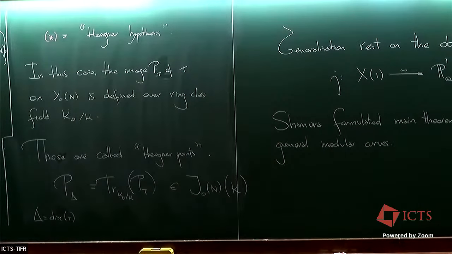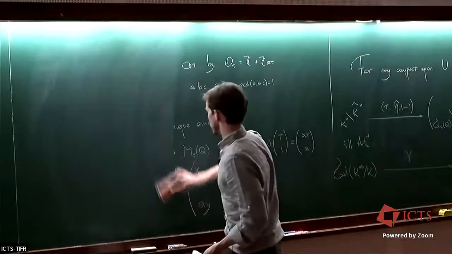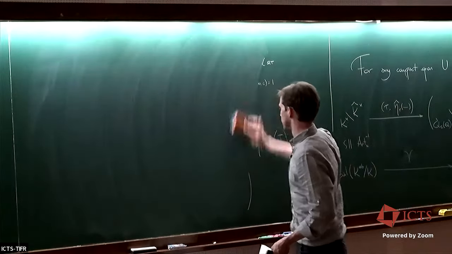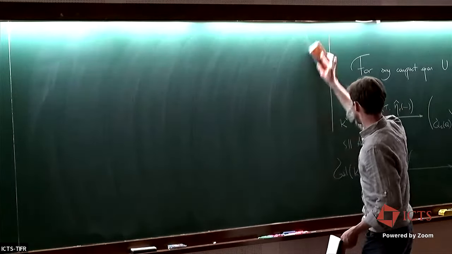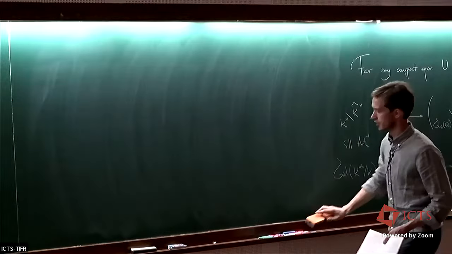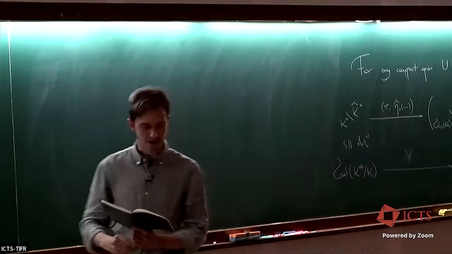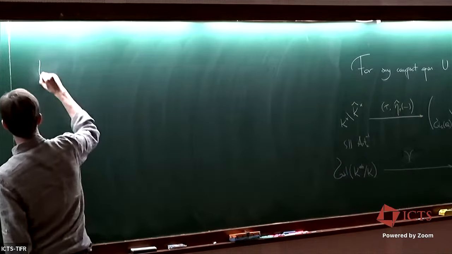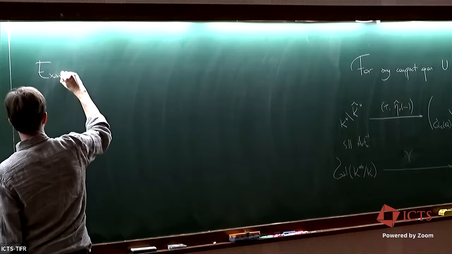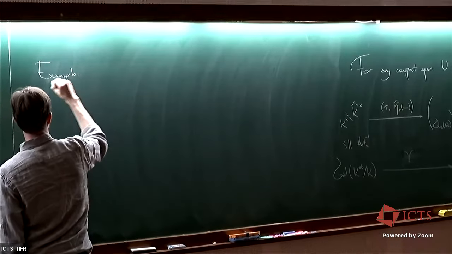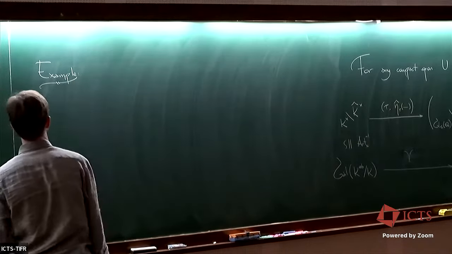All right, so what do these points look like? And we've made this kind of bizarre construction. Let's see that come to life a little bit on an example. All right, so here's an example.